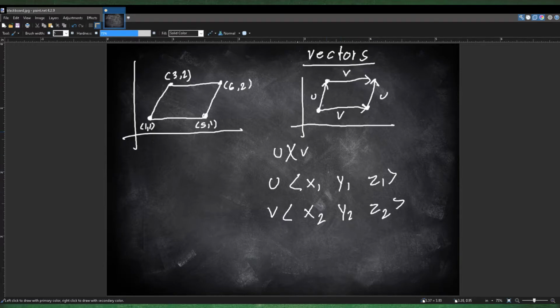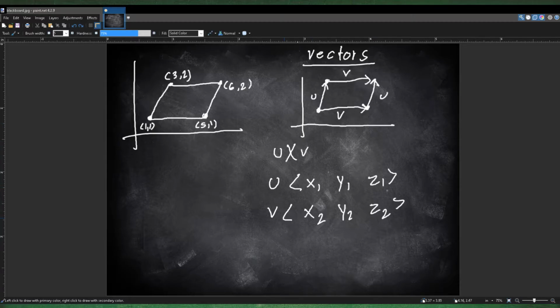For example, if this point is (1, 1, 1) and this point is (2, 3, 4), then the change in x is 2 minus 1, which is 1, 3 minus 1 is 2, and 4 minus 1 is 3. So x1 is 1, y1 is 2, and z1 is 3. I introduce this because I'm going to bring it up later, so we don't need it for now.